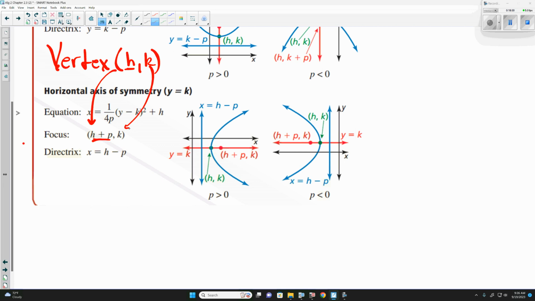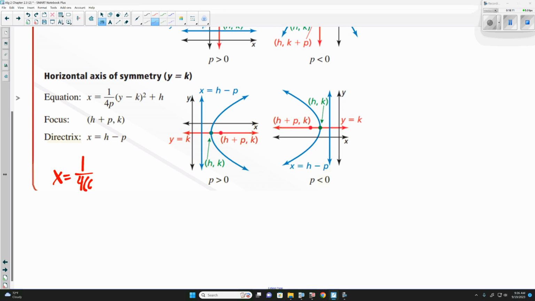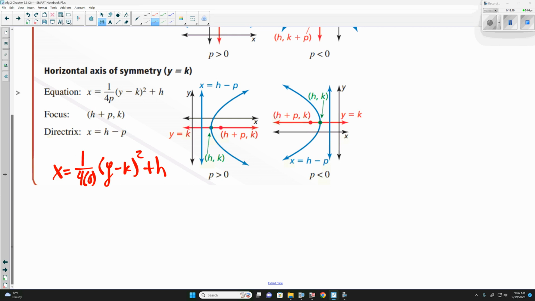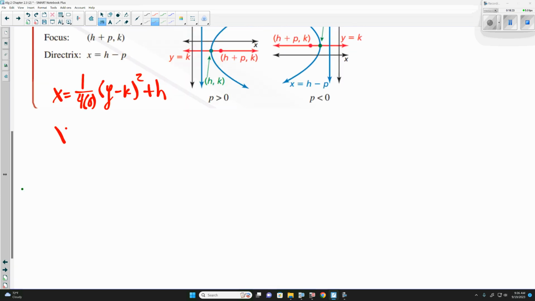Now, if p is 0, well, if we look at this equation, I'll write the whole thing, x minus k squared plus h, yes? So let's look at that for a second. If p is 0, this fraction becomes 1 over 4 times 0, yes? What is 4 times 0?